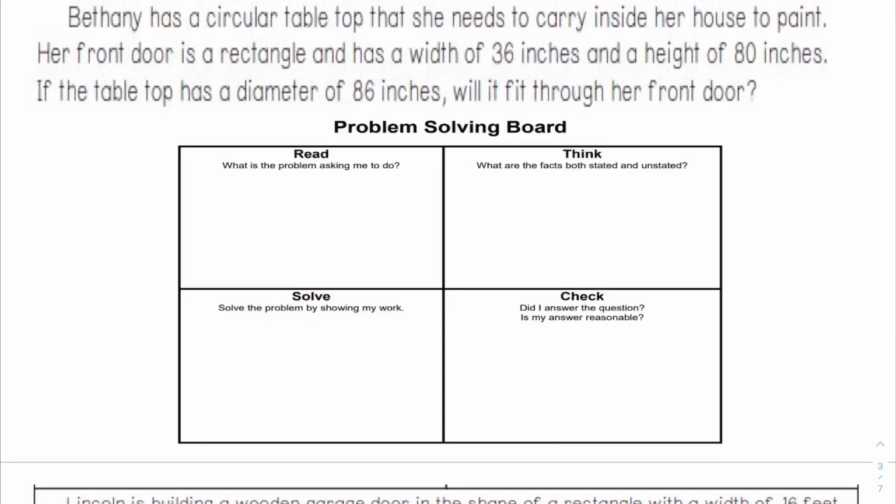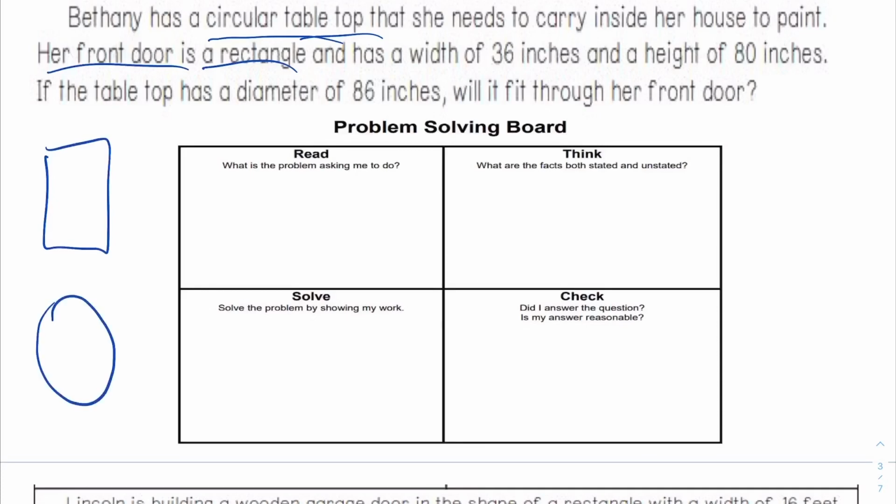Next one, I'll let you do it, but I'll give you some hints. We have a circular table. She's going to carry it inside and then paint it. Then it says her front door is a rectangle. Okay, so we have a rectangle and we have a circle. The width of the rectangle is 36 inches and the height is 80 inches.